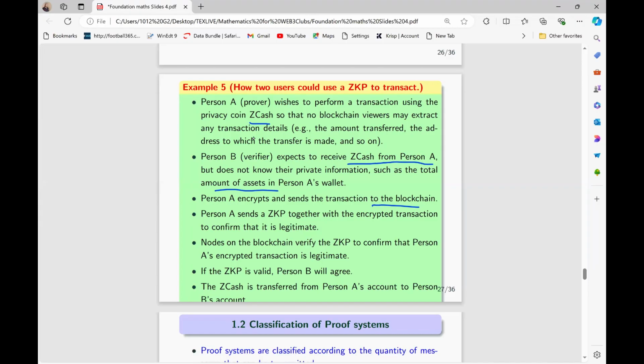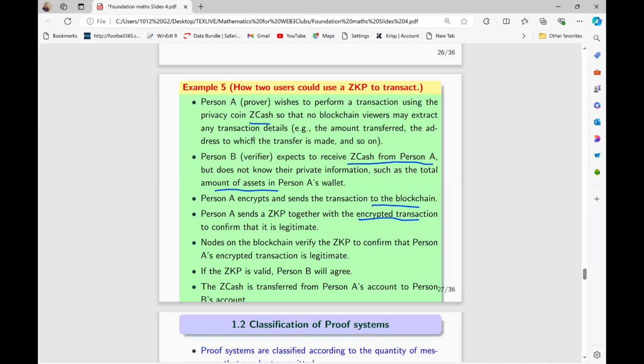So person A, the other thing he'll do now, using zero knowledge proof, he will send his proof, the zero knowledge proof, together with the encrypted transaction to the verifier, not to the blockchain.